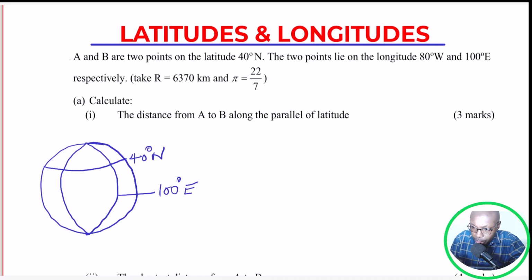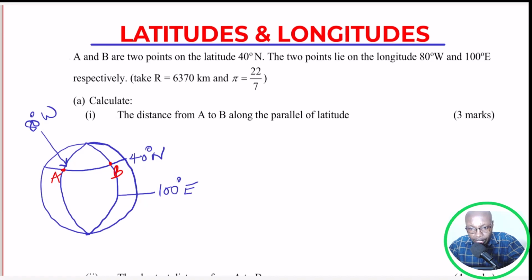Then the other one is 80 degrees west. So points A and B. A is the one that lies on 80 degrees. So A is here. Then B is here. So you can see those 2 places are lying on the circle of latitude or the parallel of latitude.